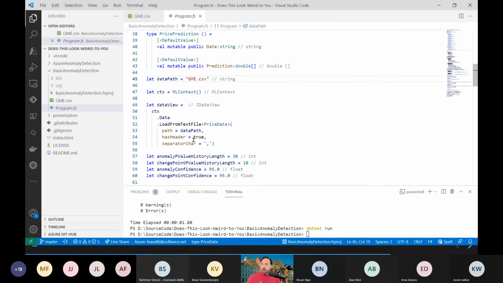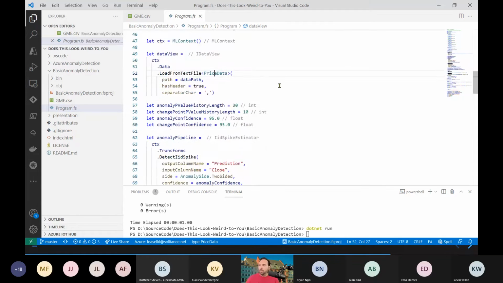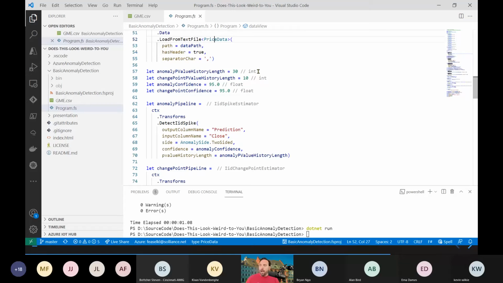So I have my file, I have my shape of what I expect the data to look like, and I have a class that gets generated as a result. I have a few parameters to determine how far back we're going to look to determine if something is an anomaly. And how confident do we need to be before we discern that this is anomalous?